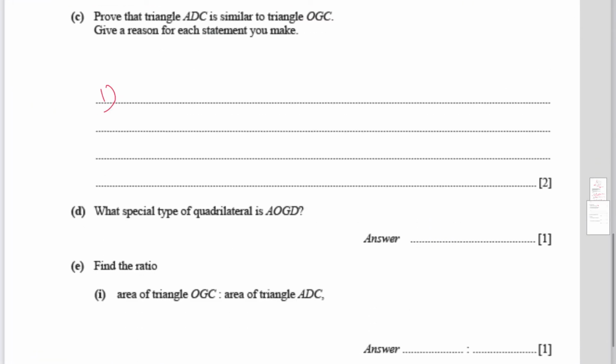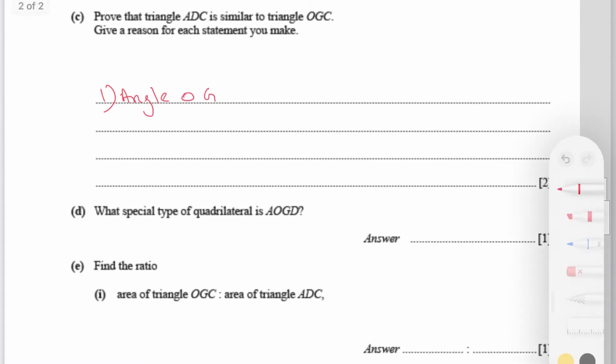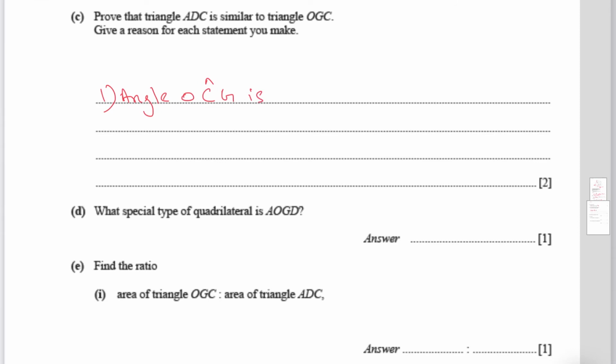The first statement that you can make is angle OCG. I was about to write OCG, then I wrote OGC, but let's correct it. OCG is common between both the triangles.